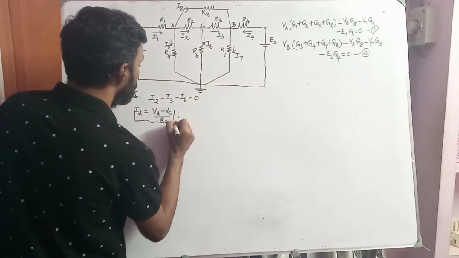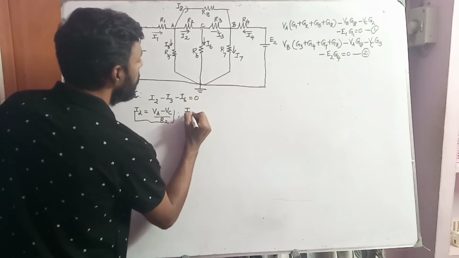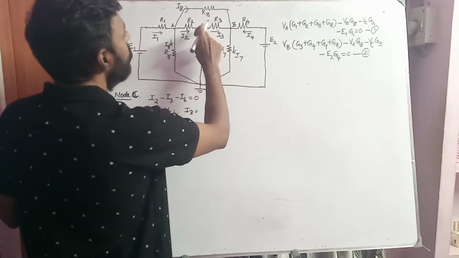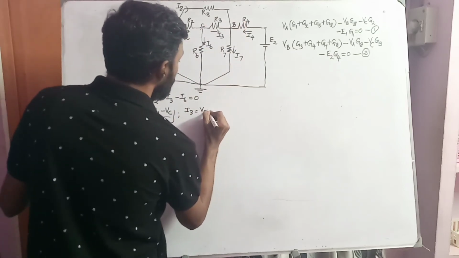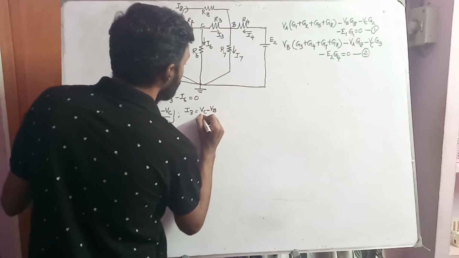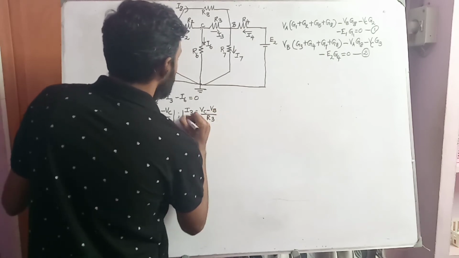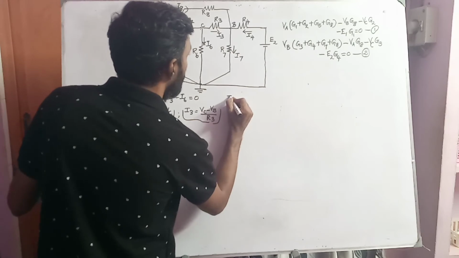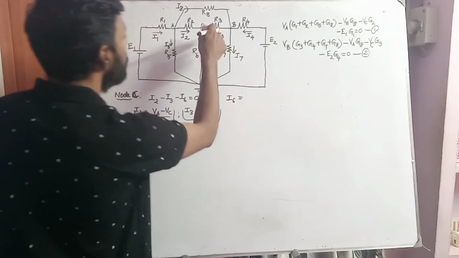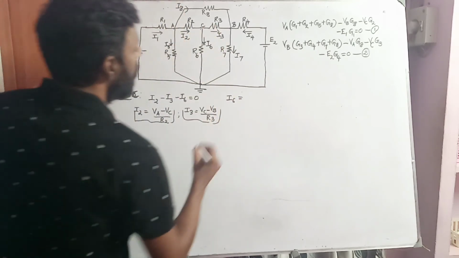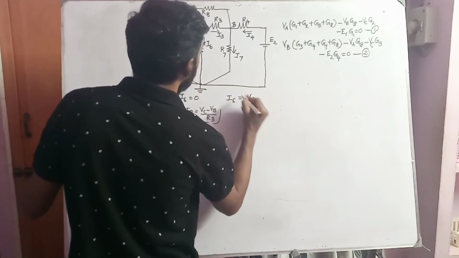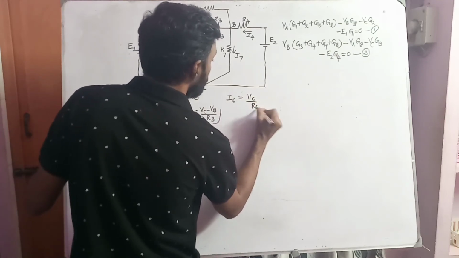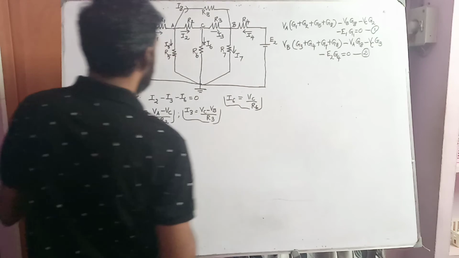Similarly, I3 is VC minus VB divided by R3. Similarly, I6 is VC by R6. This is I6.